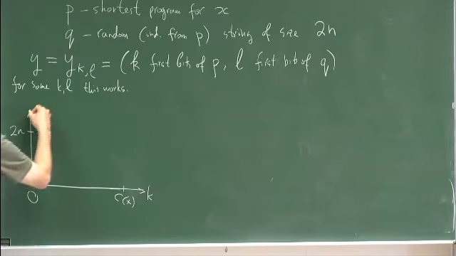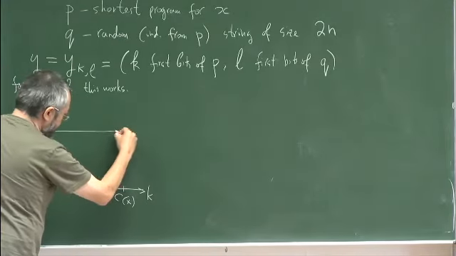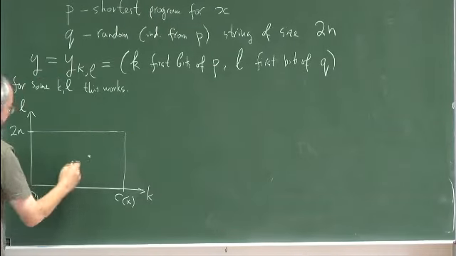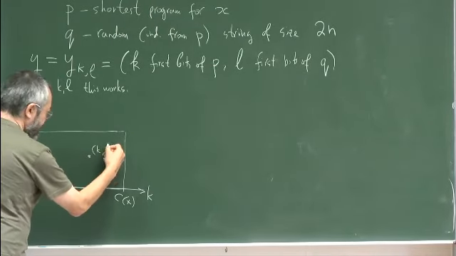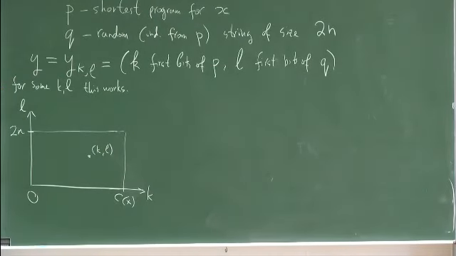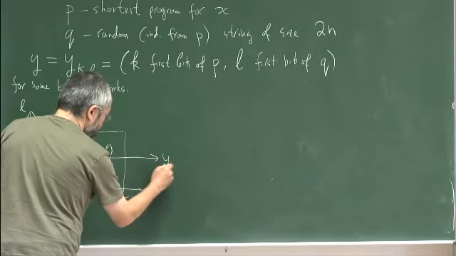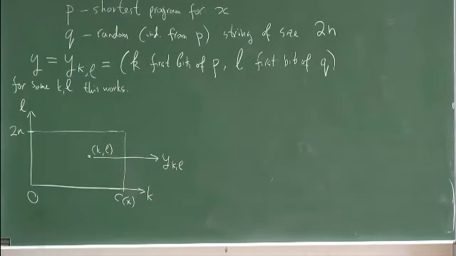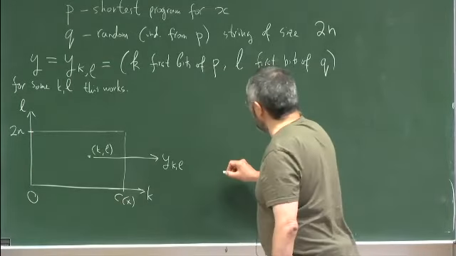So this is L, this is K. For every point (K, L) in this rectangle, we have some string Y_KL, and then this string can be checked whether it's okay for us or not.